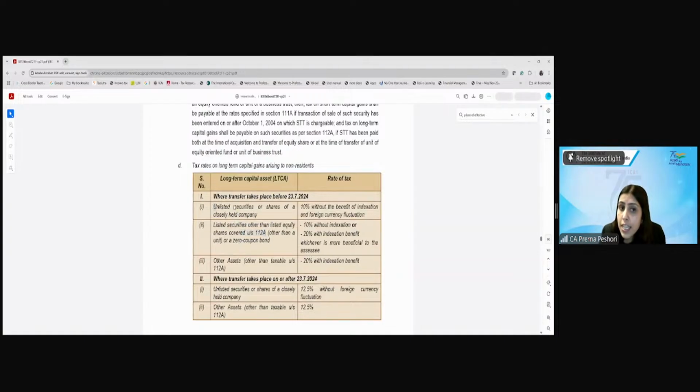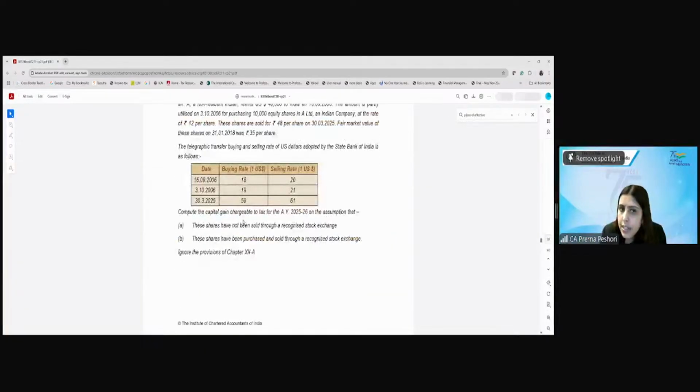Even when you transfer the unlisted securities, you will not be able to get the benefit of first and second proviso both. It is only when you transfer the listed securities, but otherwise than through recognized stock exchange, only then you can get the benefit of first proviso. So it has a very limited applicability. Are you getting it?